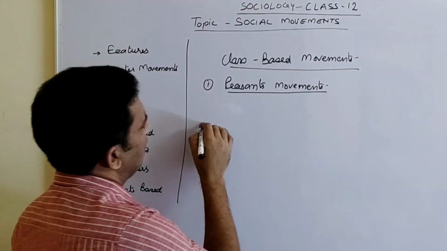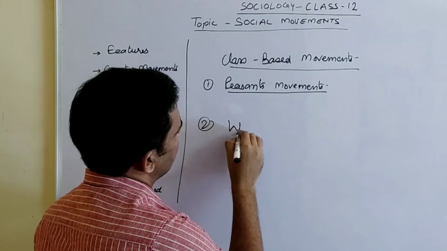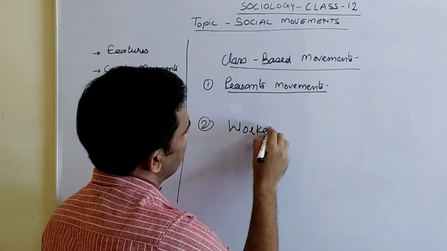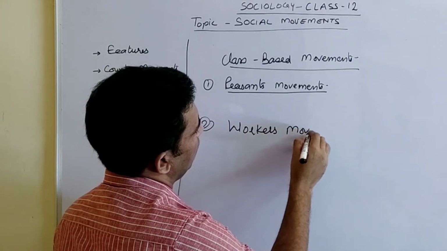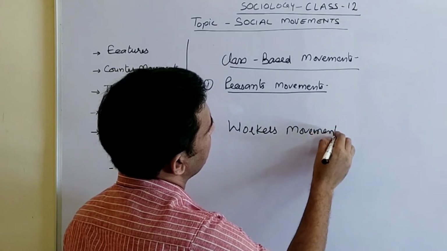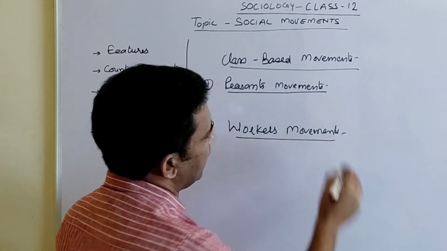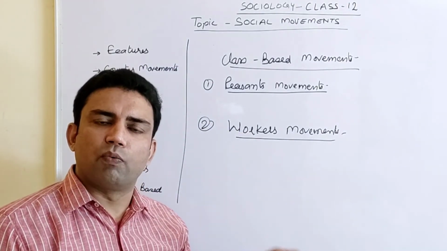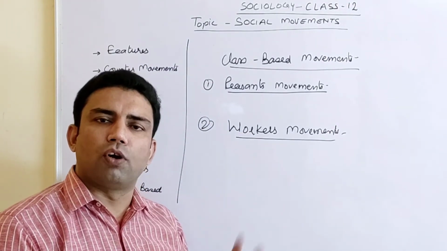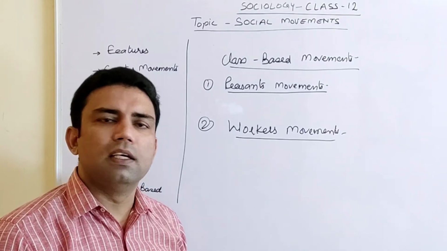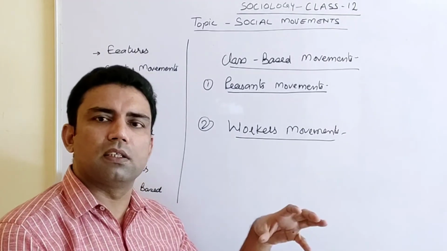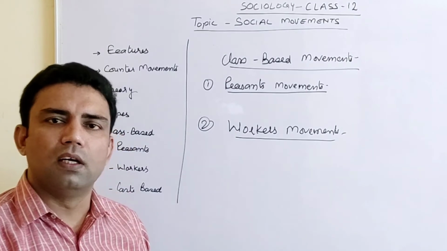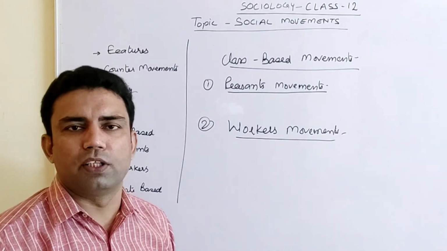Number two, we have the workers movement. It is basically for those people who were working in the industries. When industrialization came, it brought a lot of changes in society, and the people who joined as workers also had bright dreams about their future.